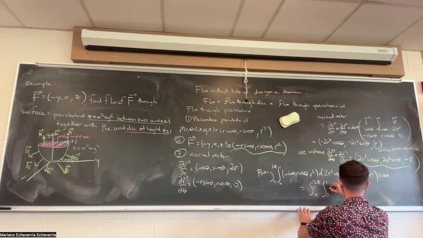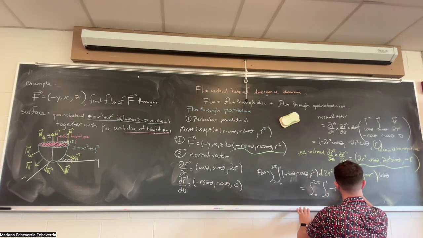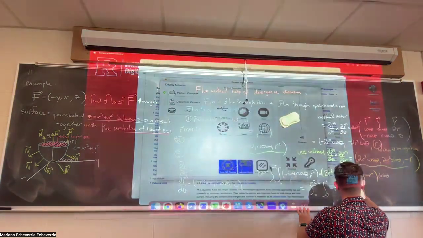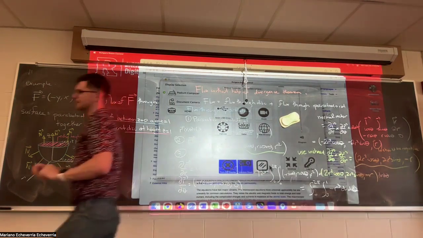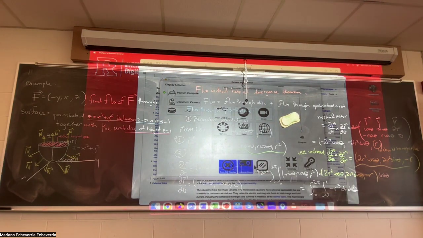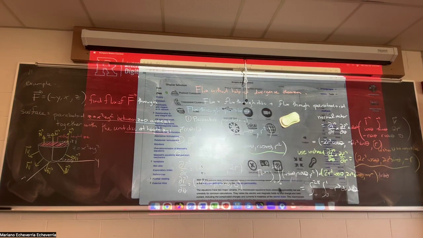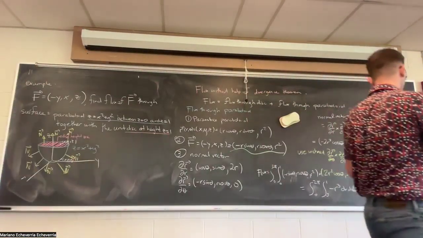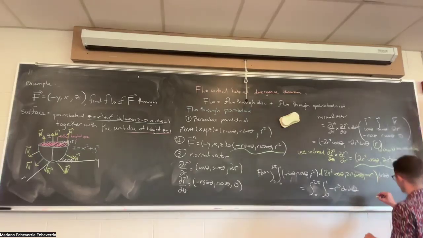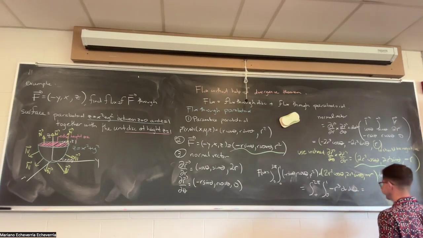So you get minus r cubed dr d theta, and that is minus pi over 2.